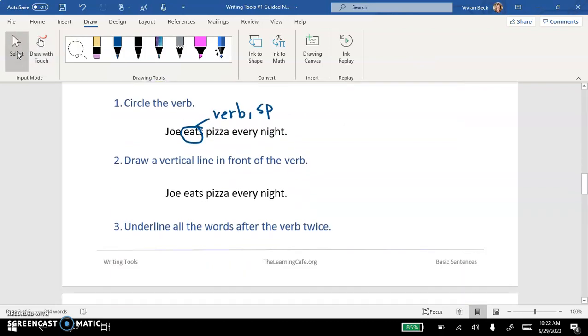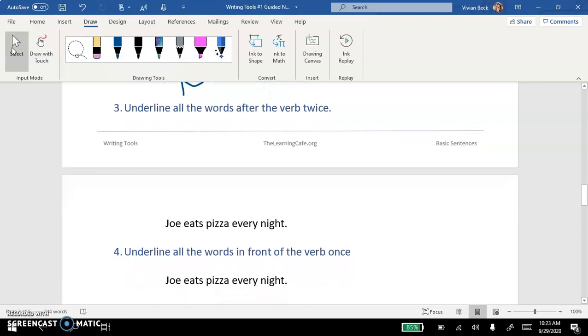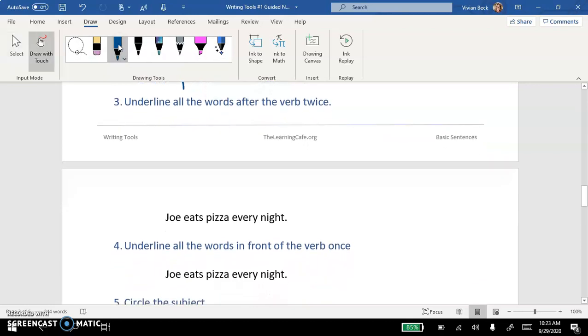Then, we need to draw a vertical line in front of that verb. Then we underline all the words after the verb twice. So we circled our verb, put a vertical line, we have to underline this twice.